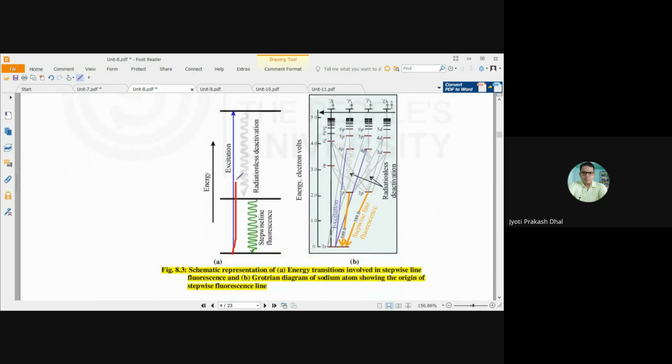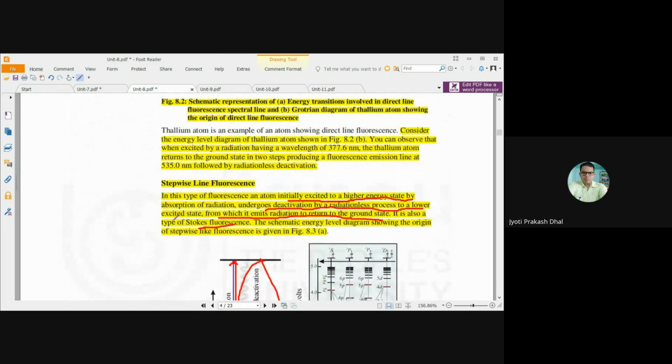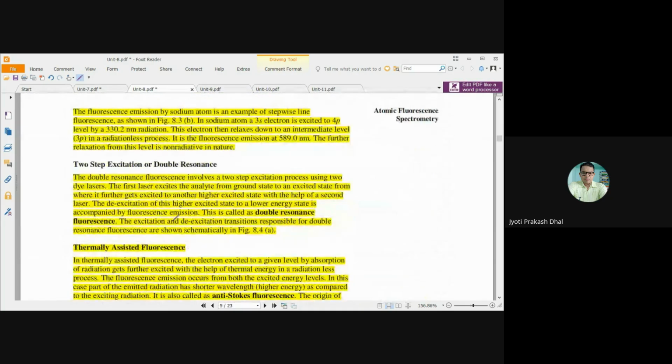First the atom will undergo excitation, and from the excited state it will come back to some intermediate excited state by radiationless deactivation, and from that intermediate excited state it will come back to the ground state by emitting fluorescence. That is called stepwise line fluorescence.